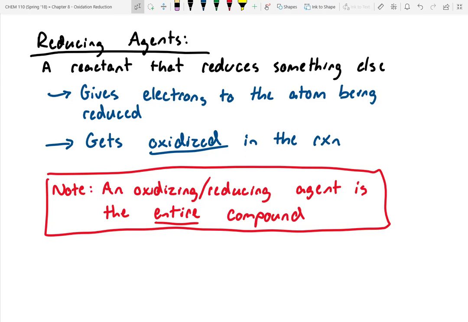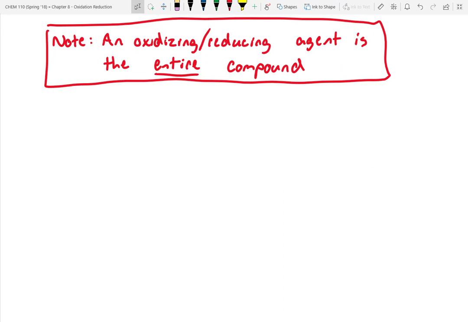So there may be multiple atoms involved there. So let's take a few examples and we'll practice this. And just like yesterday, I want us to first identify which atoms are being oxidized or reduced, and then we also want to identify which compounds are the oxidizing agent or reducing agent.